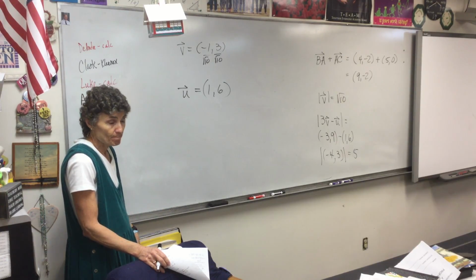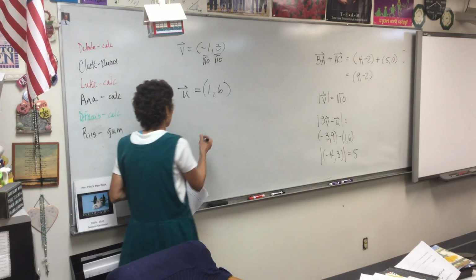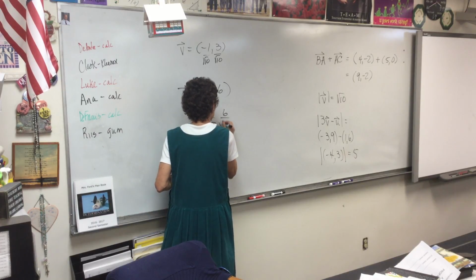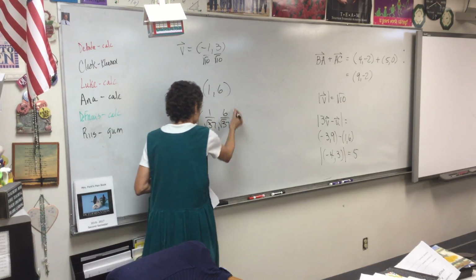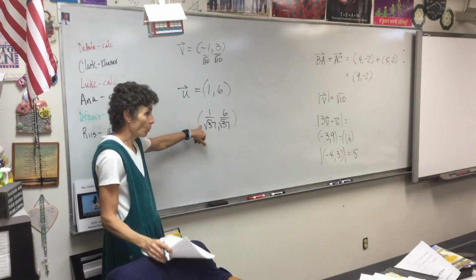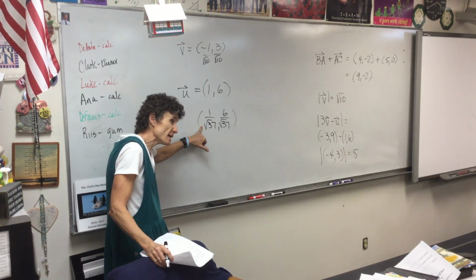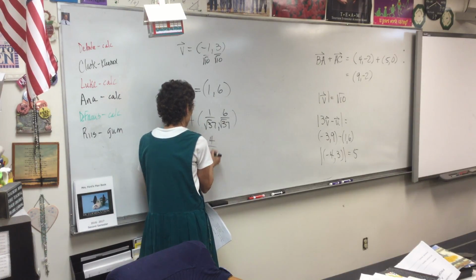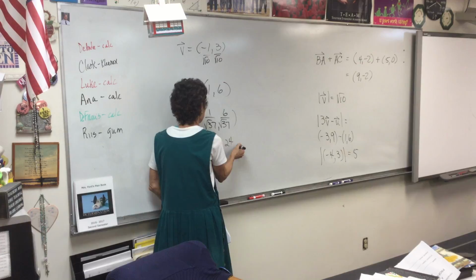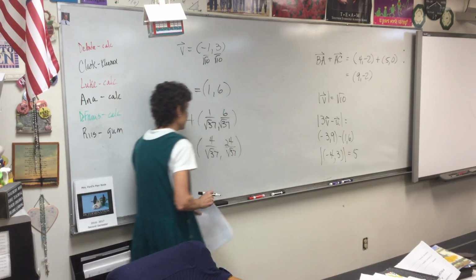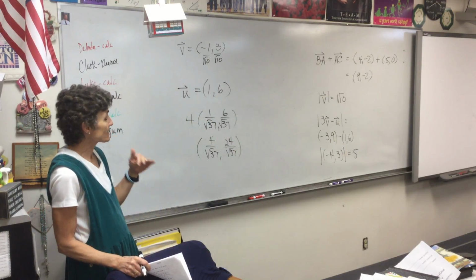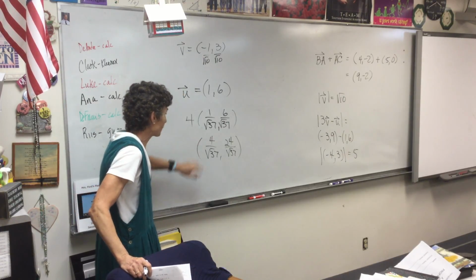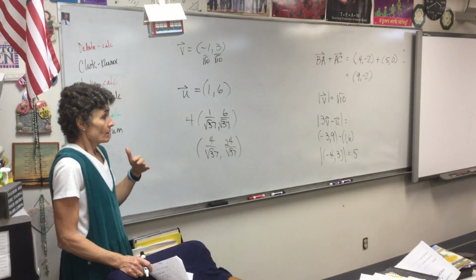So how do I do that? Make it a unit vector first. So the unit vector would be this. How long is he? 1. How long do I want him to be? 4. So I'll just multiply him by 4: 4 over root 37, 24 over root 37. That is the vector in the same direction as the original, but now it is 4 units long.